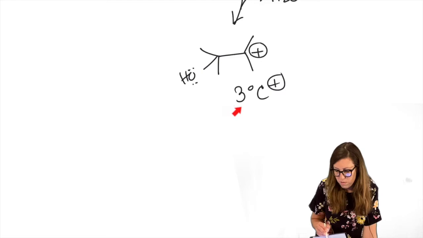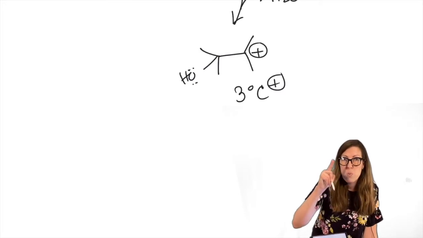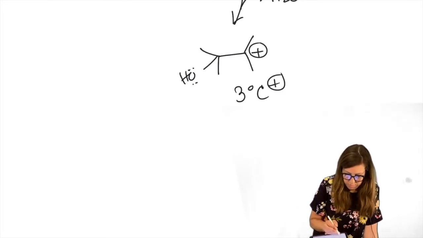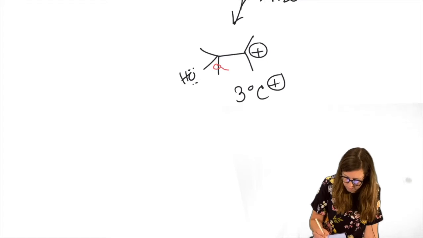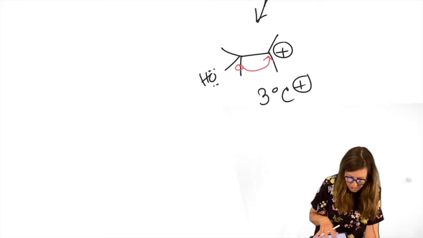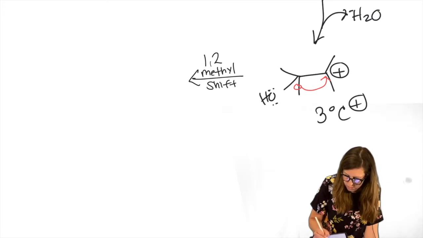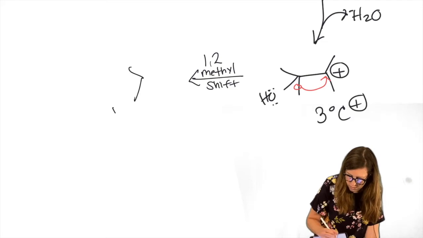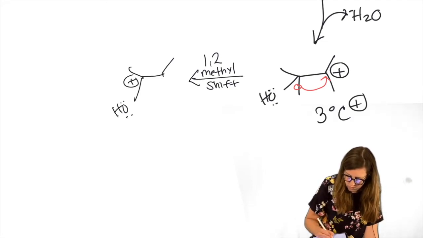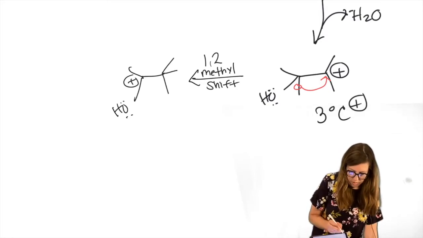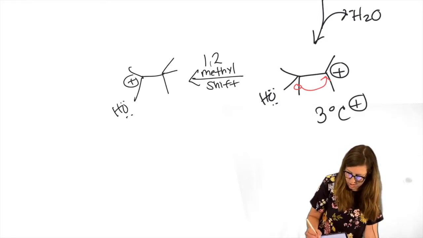So this could have been part of a ring, or it could have been a methyl. So we could do a methyl shift. And if it does, that makes it secondary with resonance, which is better than tertiary. 1,2-methyl shift. Okay, secondary with resonance, better than tertiary.